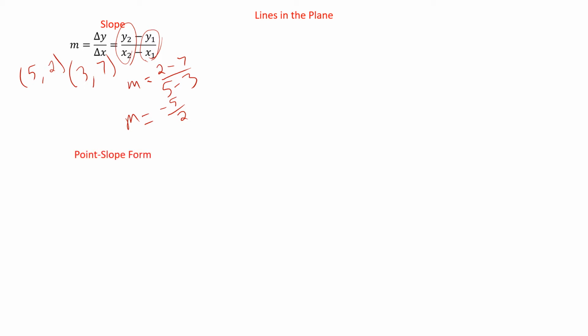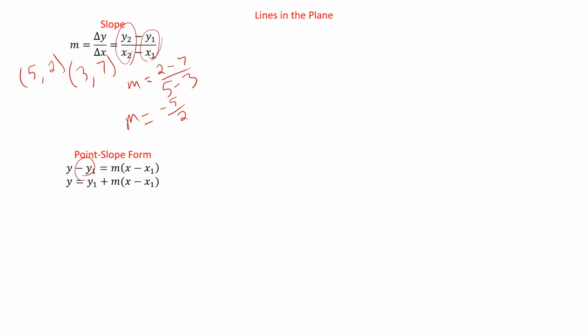Point-slope form. The point-slope form of a line is y minus y1 equals the slope times x minus x1. Now, sometimes we take this minus y1 and we move it to the other side of the equal sign. So we have y equals y1 plus the slope times x minus x1.